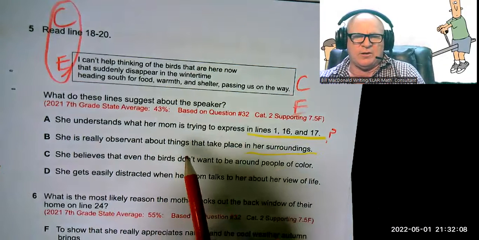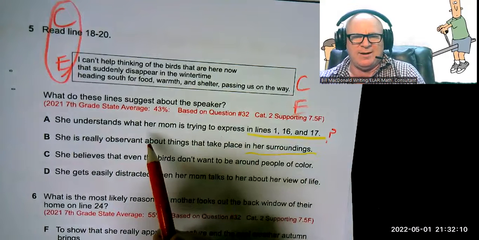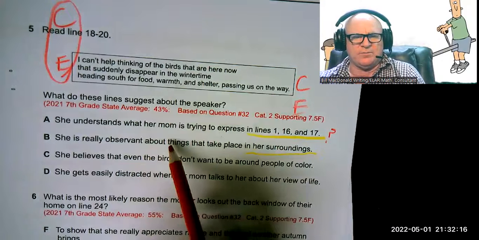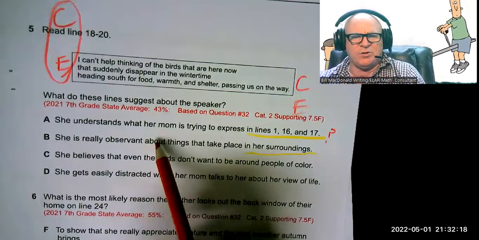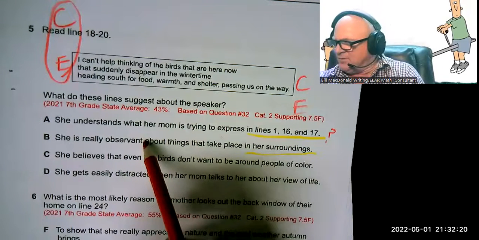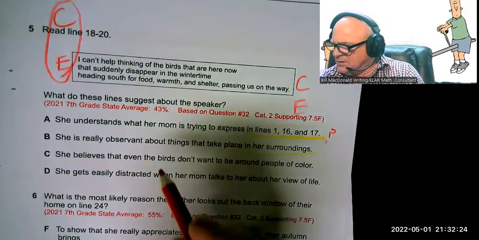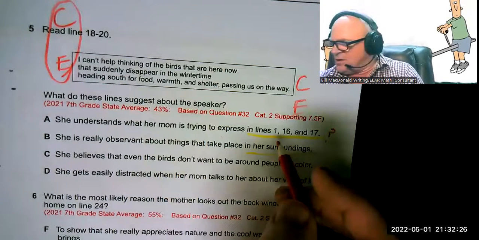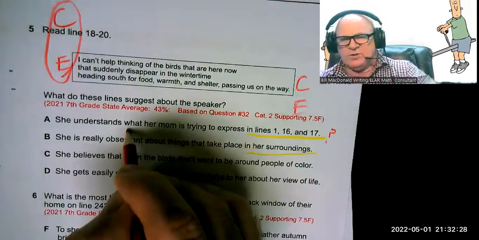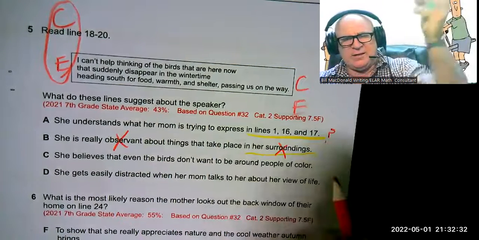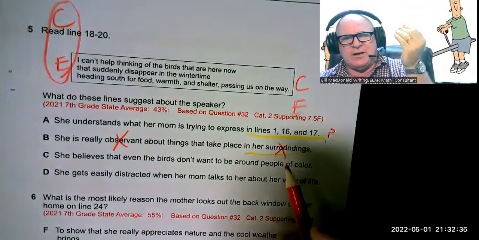We can't draw that conclusion because the lines before and the lines after were not talking about surroundings or being observant. Being observant about her surroundings was not discussed in the lines before and after and didn't connect, because everything has to tie together.